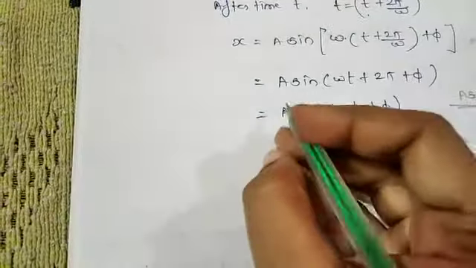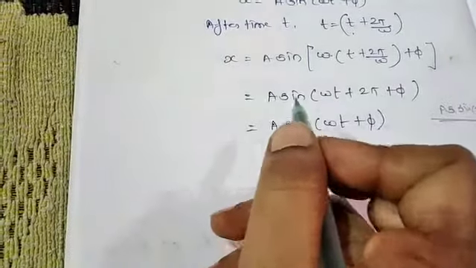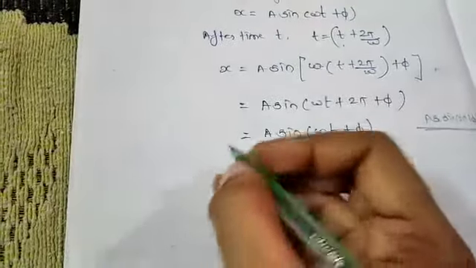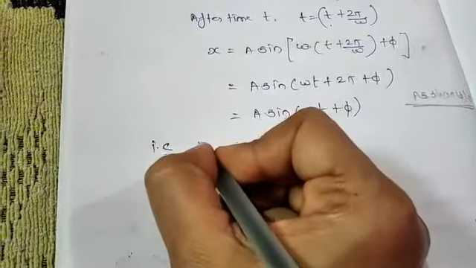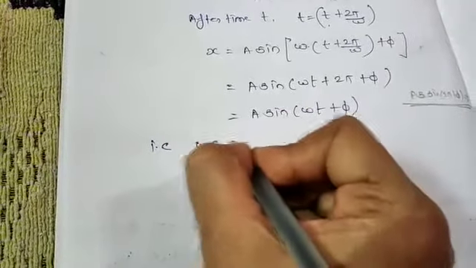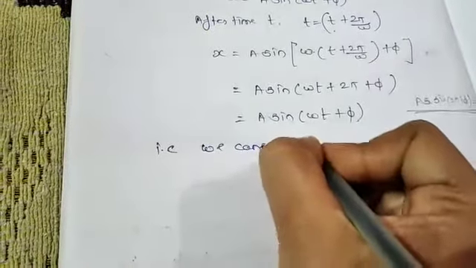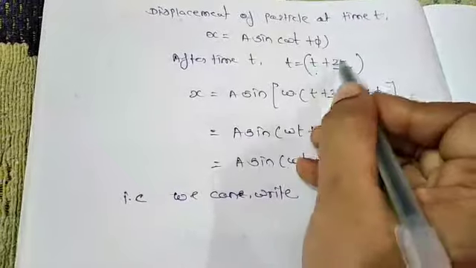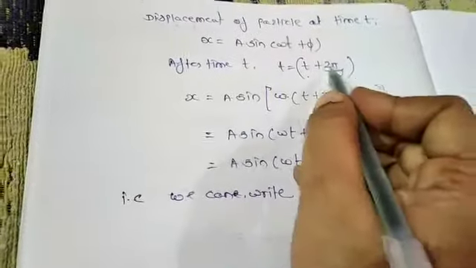Next, this shows that the particle is at the same position after time 2π/ω. That is, if we put t equal to t plus 2π/ω, the particle will be at the same position.